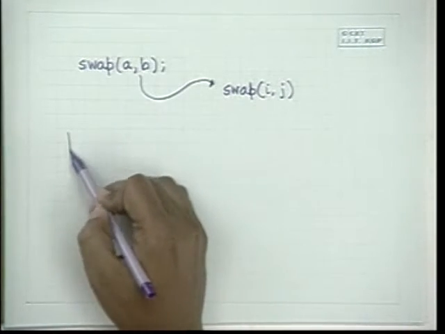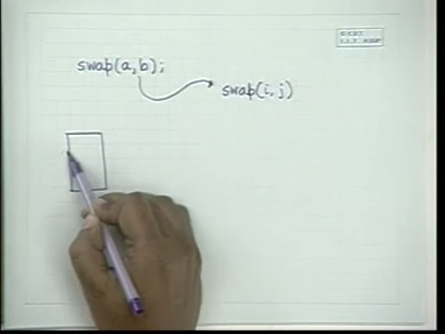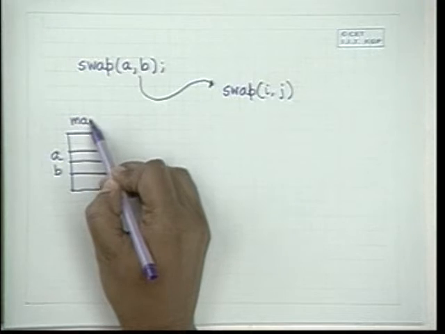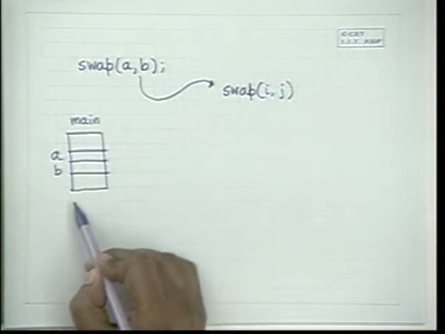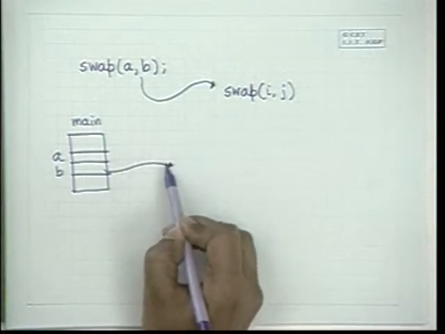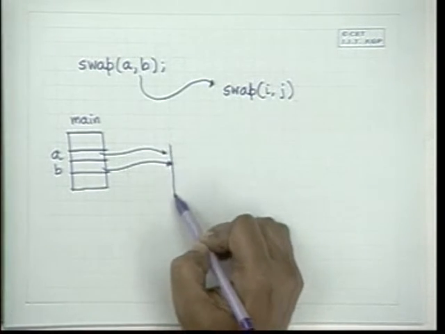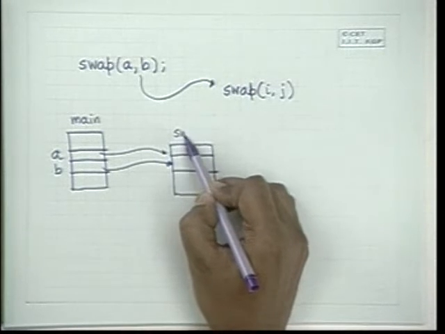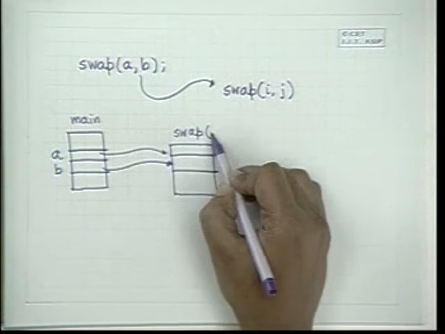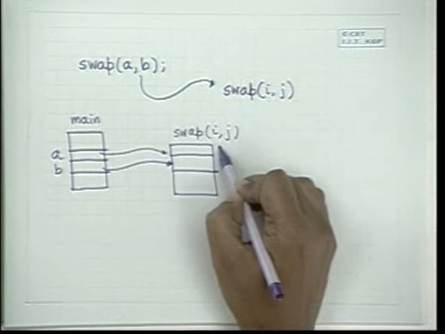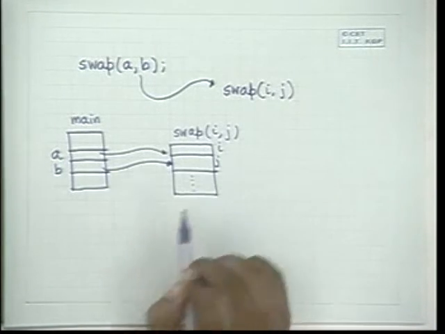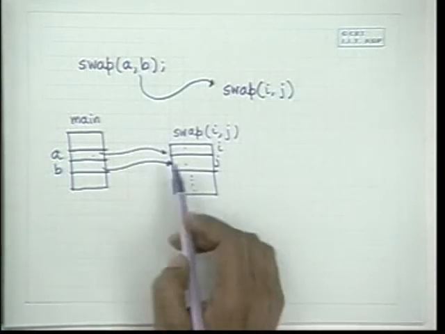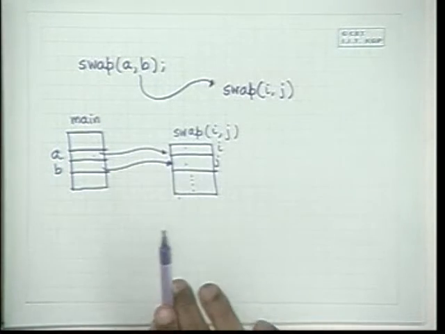And the values of the variables a and b of the main function were copied into the local variables of the data segment of the swap function. This was i, this was j, and you can have several other local variables. This was copied here and it goes back. And once the call is over, the values are not copied back.